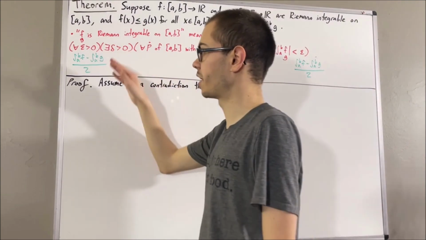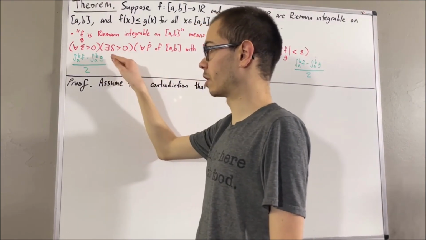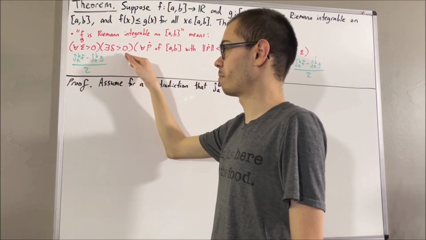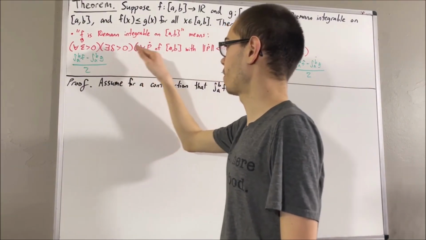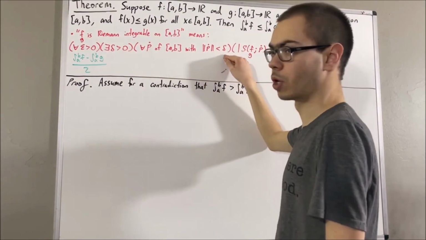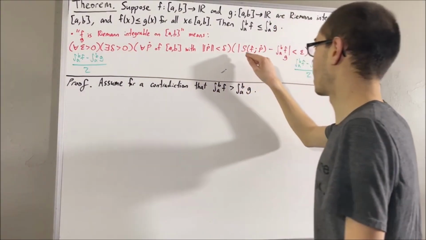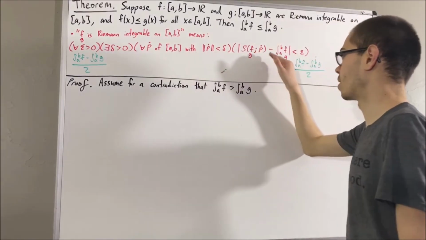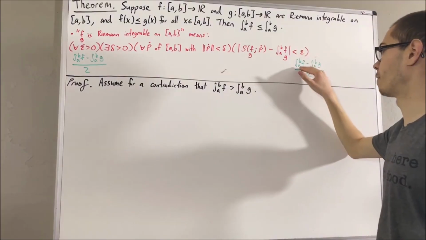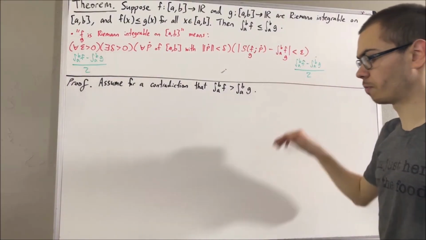So taking epsilon to be (integral of f minus integral of g) over 2, well then, there exists a positive real number I'll call delta 1, such that for all tagged partitions of [a, b] whose norm is less than delta 1, we have that the absolute value of the Riemann sum minus the integral of f is less than (integral of f minus integral of g) over 2.